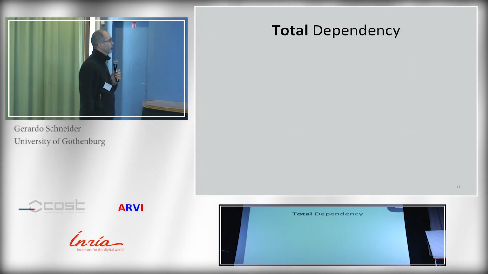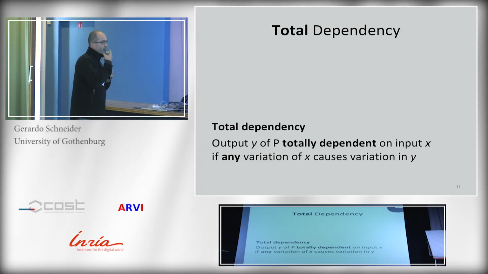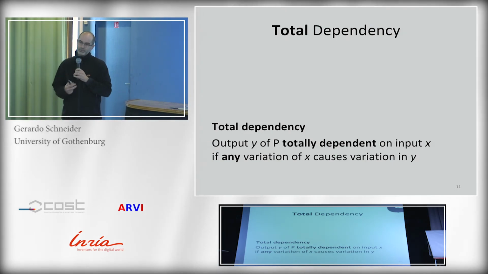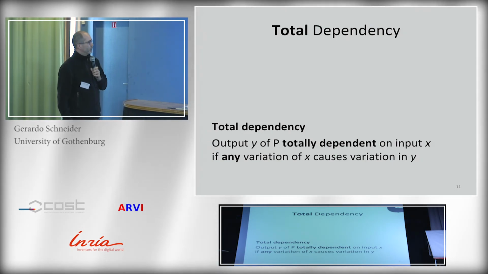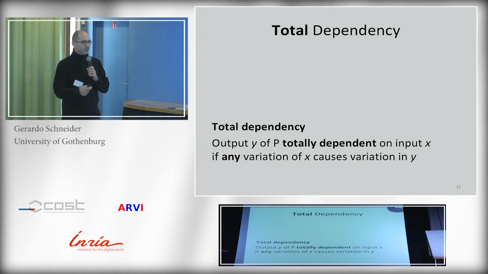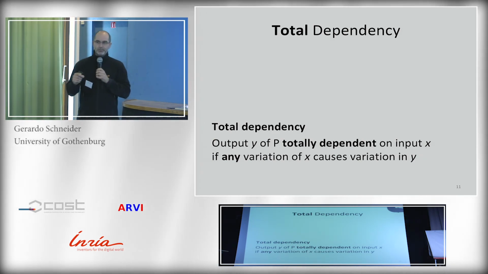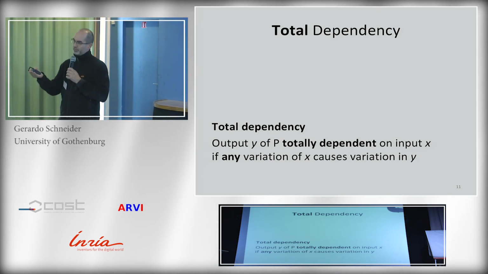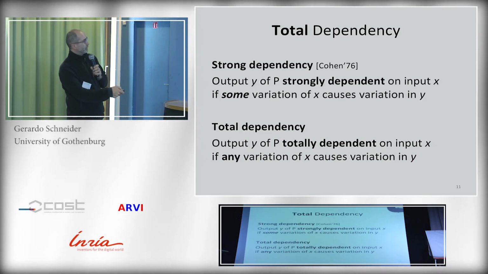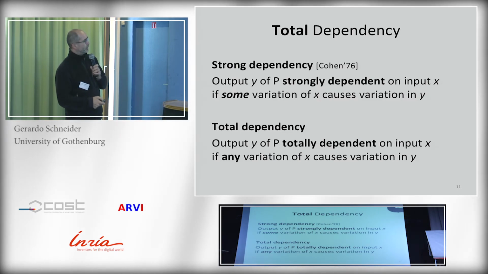Why? Let's see. Let's first define total dependency, which is a variant of strong dependency. We say that the output of a given program is totally dependent on the input if any variation in the input is reflected in the output. Such a contrast against strong dependency.